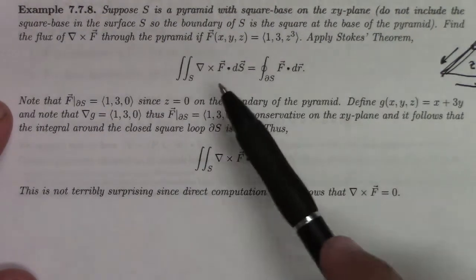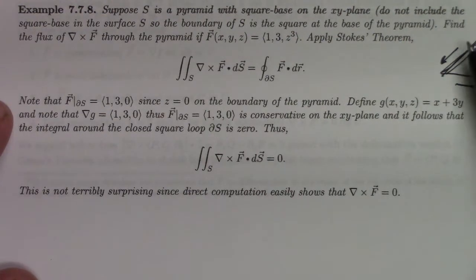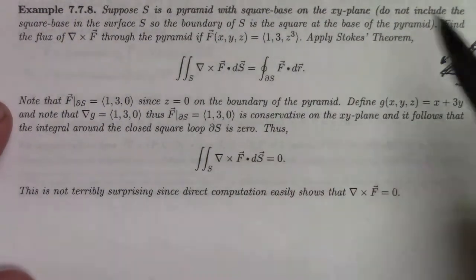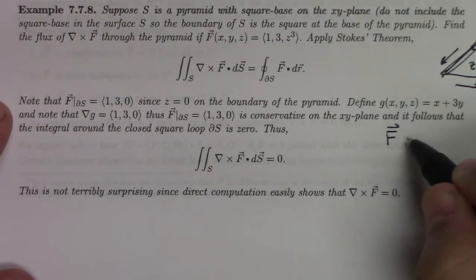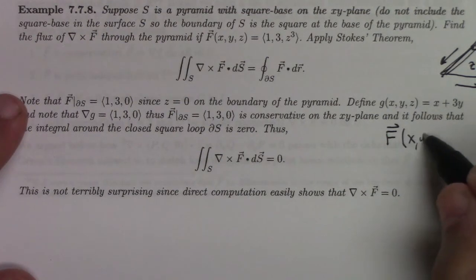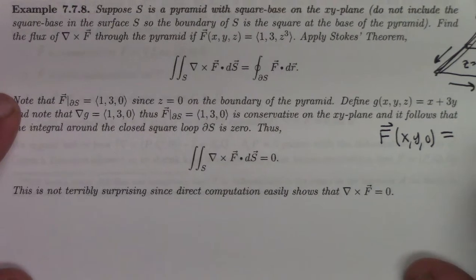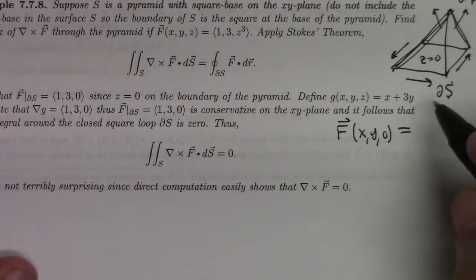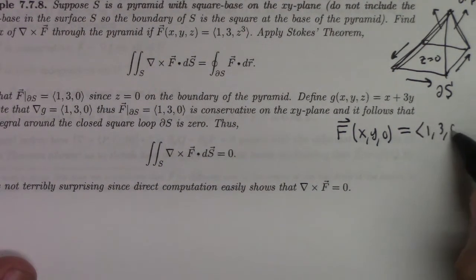Of course you don't actually want to calculate the flux of the curl through these four faces of the pyramid. But what you could do is notice that the square boundary at the bottom is the boundary of the pyramid, but it's also the boundary of just the square in the plane. And if we look at the square in the plane, what happens when you evaluate F on the plane? Notice that F of x, y, 0 is just equal to (1, 3, 0).